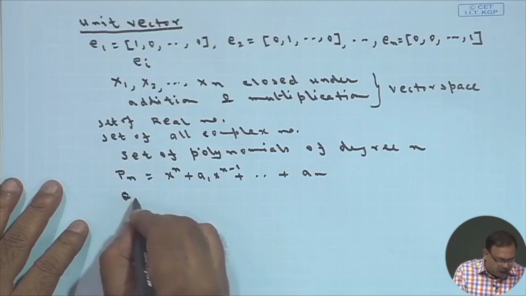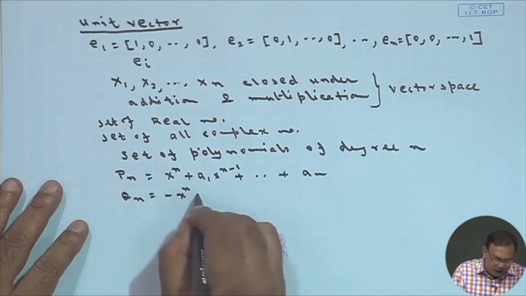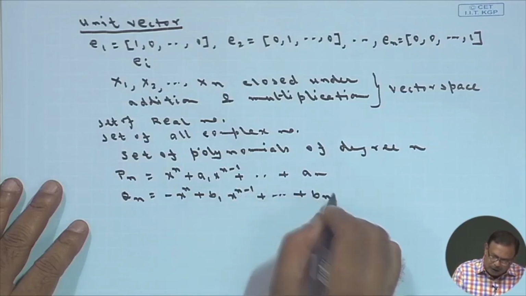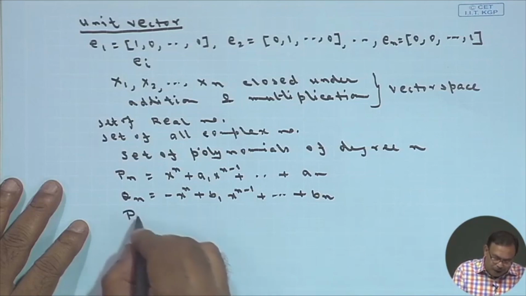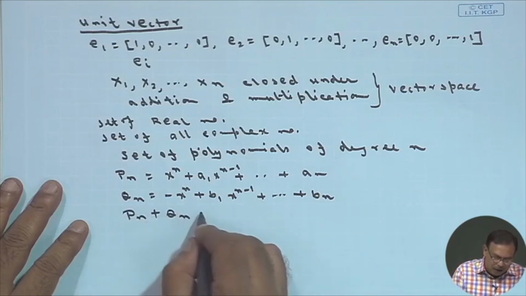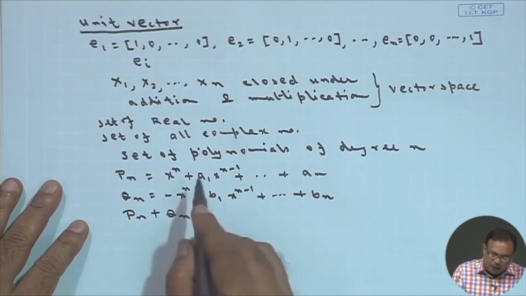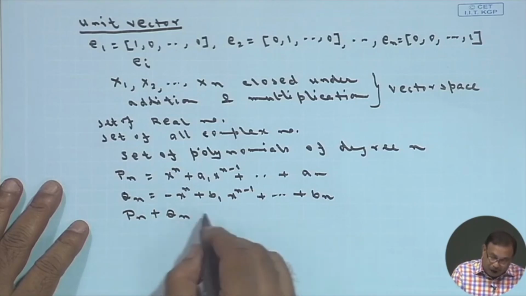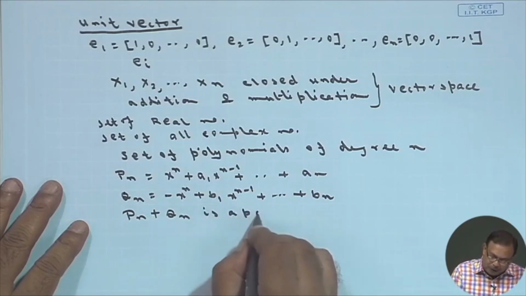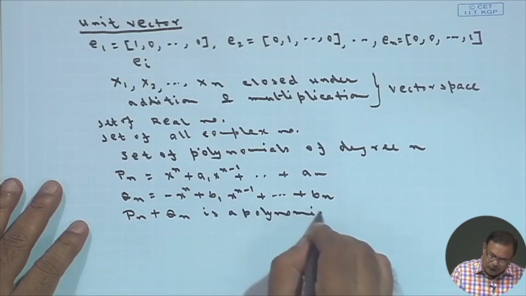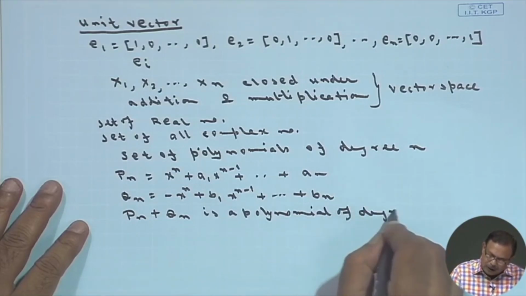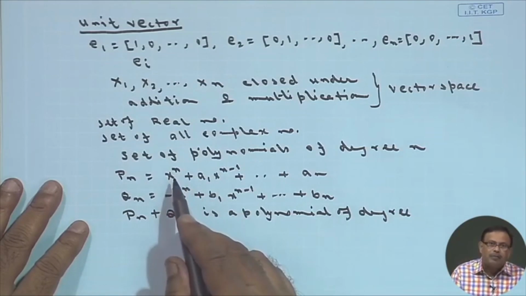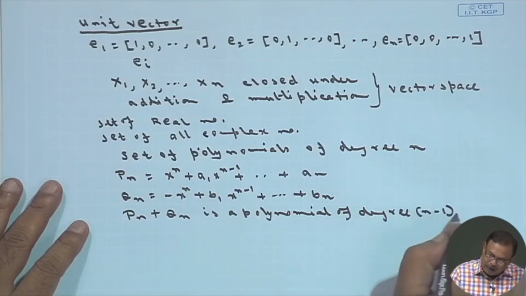I am taking another one, q n equals minus x n plus b 1 x n minus 1 and so on, plus b n. If I form p n plus q n, the x n term vanishes. Therefore, the sum p n plus q n is a polynomial, that is true, but what is its degree? The degree will not be n, because the nth power term vanishes. So, the degree is n minus 1.